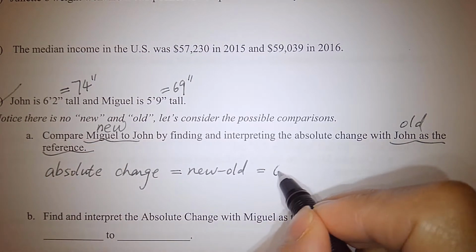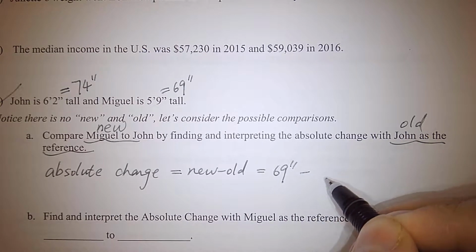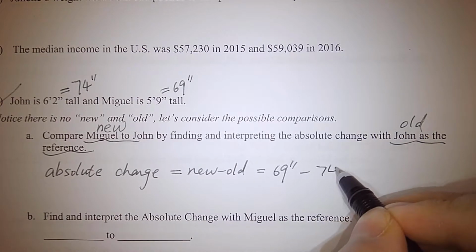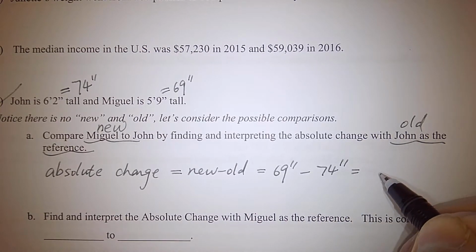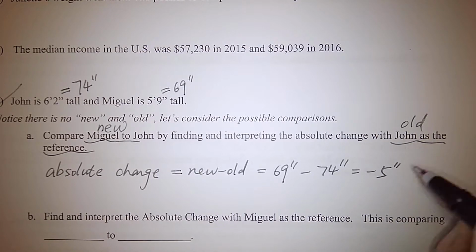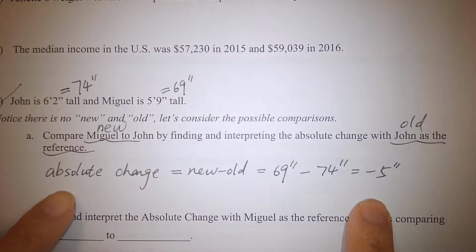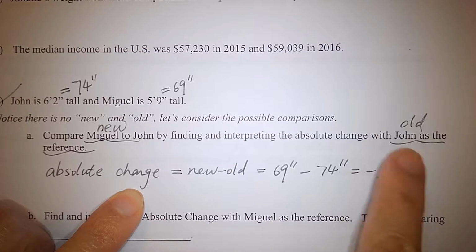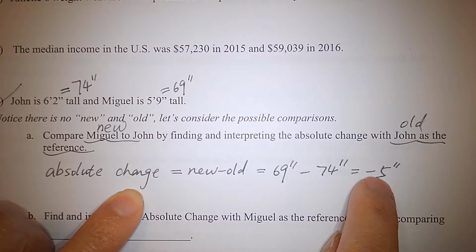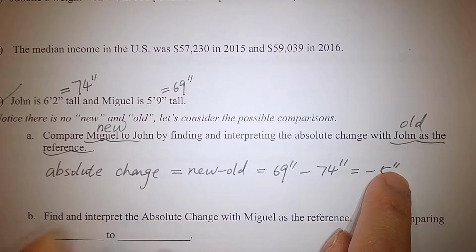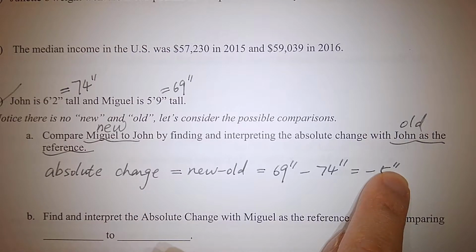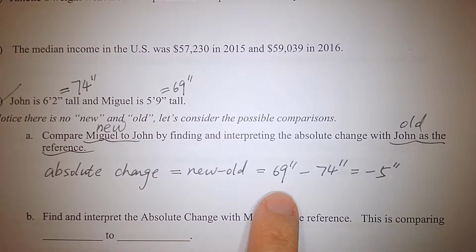Miguel, 69 inches minus John, 74 inches equals negative 5 inches. Oh, this absolute change result gives us a negative value. What does this negative 5 inches mean? Compared with John, Miguel is taller or shorter?